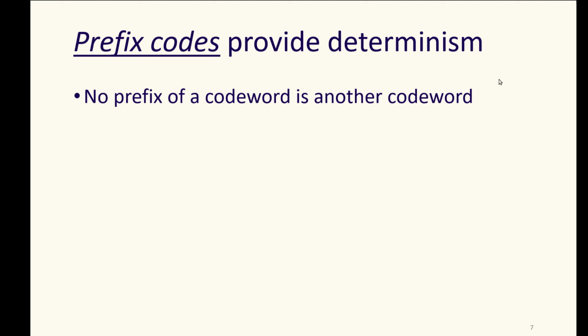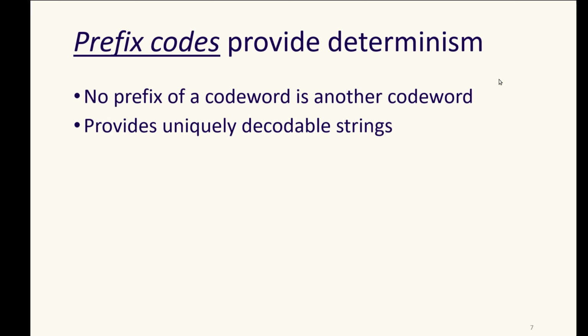So we can use prefix codes to come up with a scheme where it is always deterministic to decode the information that we've encoded and compressed. We have to make sure, however, that no prefix of a code word is another code word. This gives us uniquely decodable strings.